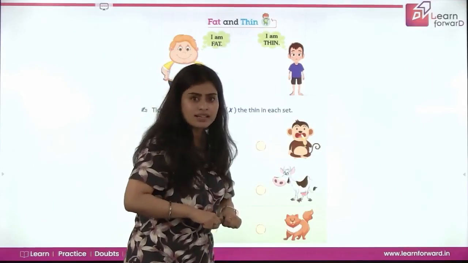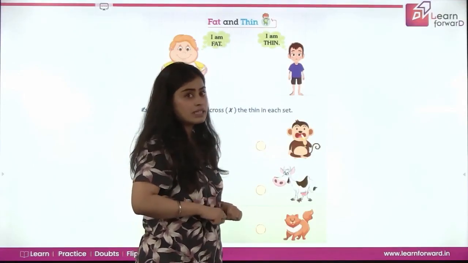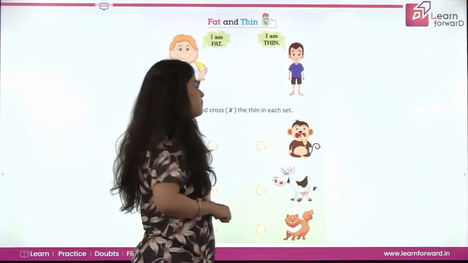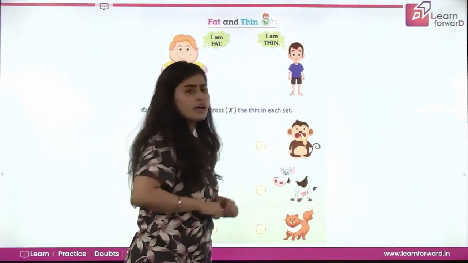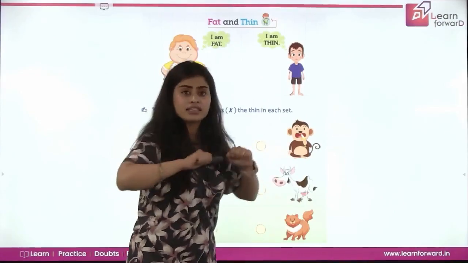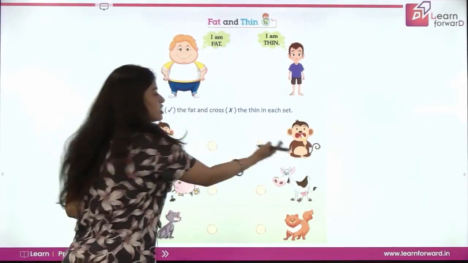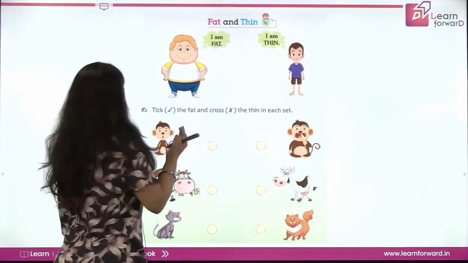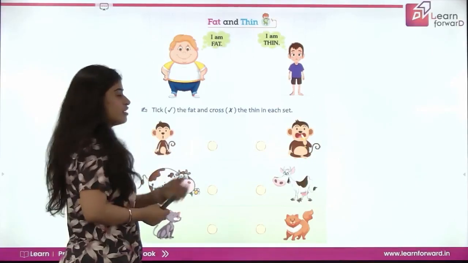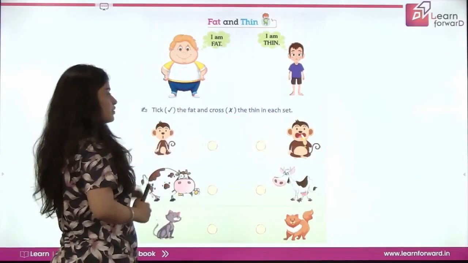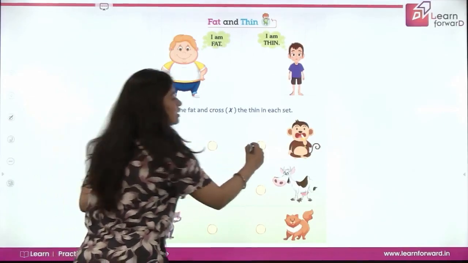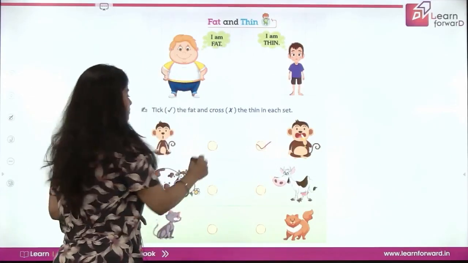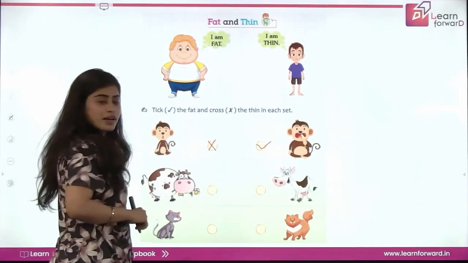Monkeys eat lots of bananas, so this monkey is eating bananas and that's why it's getting fat. This monkey is fat and this monkey is thin. So we'll put a tick mark on this one, and put a cross on this one.